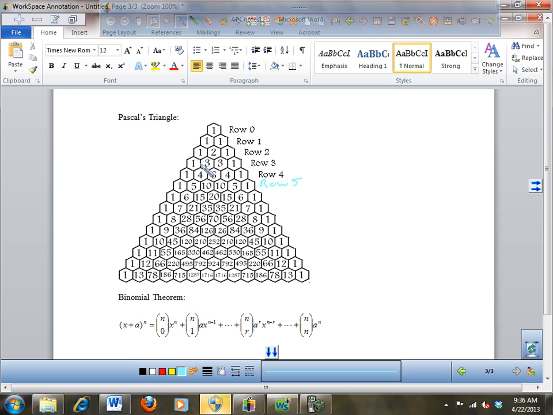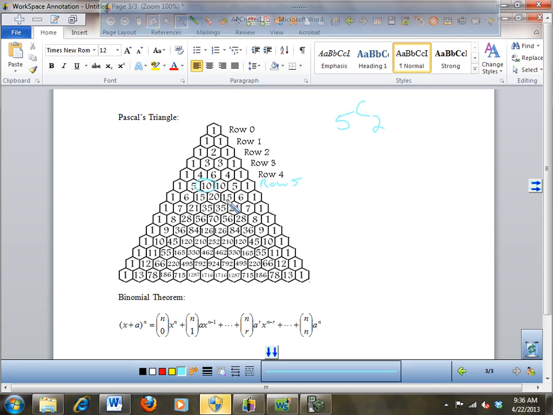So for instance, I could go down to here, and this is row 5, column 0, 1, 2, okay? And this is exactly the same as 5 combination 2. This number right here. And this right here would be 6 combination 2, 6 combination 3, 6 combination 4, 6 combination 5.